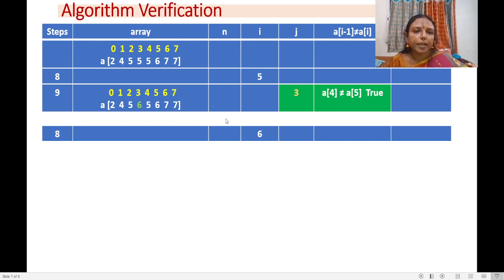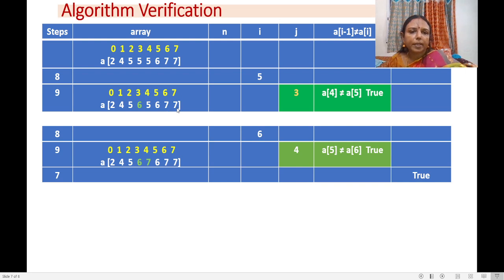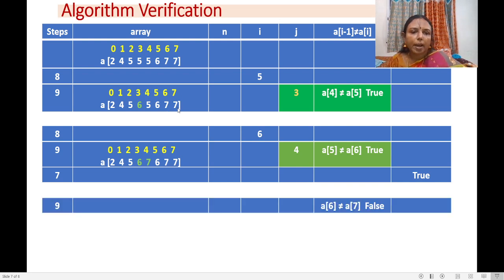Next, i is incremented, so i will be 6, and again 6 and 7 will be compared. They are not equal. So what I need to do is this 7 will be copied here, which means j will be incremented, and at that position this value will get copied. Next it will compare the 6th position with the 7th position, and we see that they are equal.